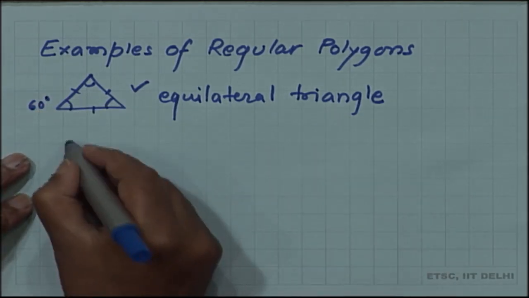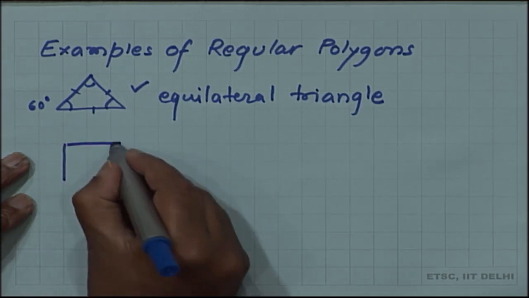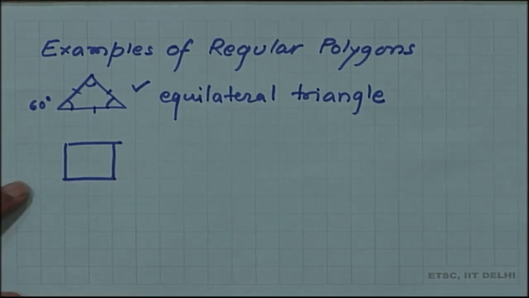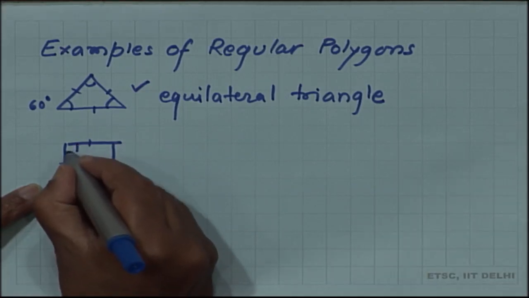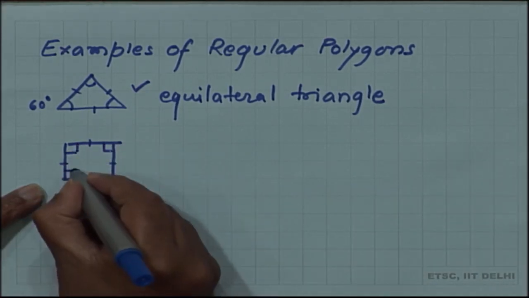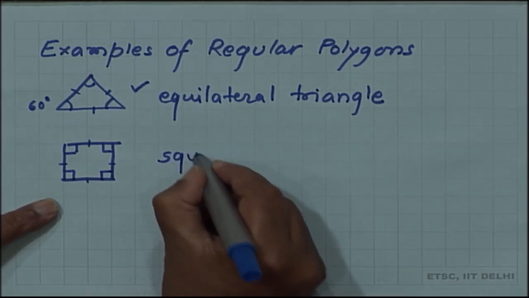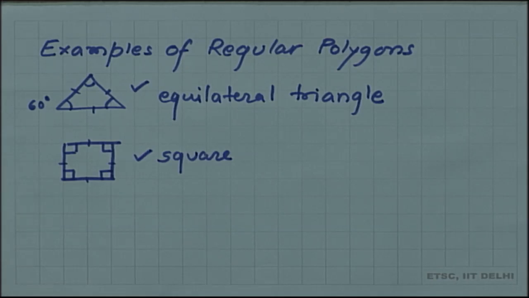If you take a square, all sides are again equal, all angles equal to 90 degrees.